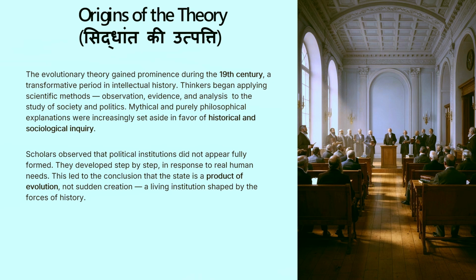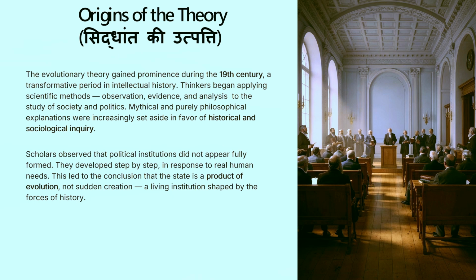This theory also gained importance during the 19th century, a time when scholars began applying scientific methods to the study of society and politics. Thinkers started rejecting metaphysical or philosophical explanations and focused on historical and sociological evidence.